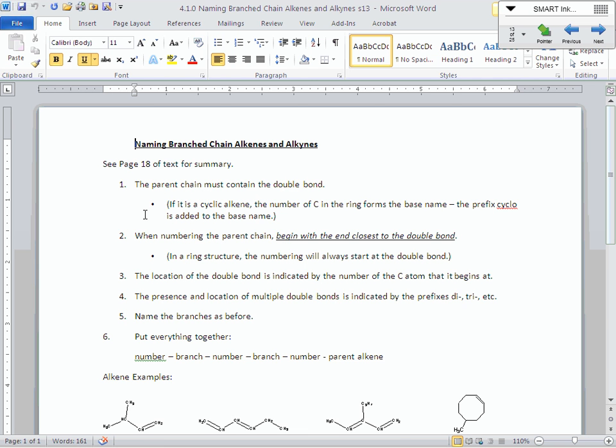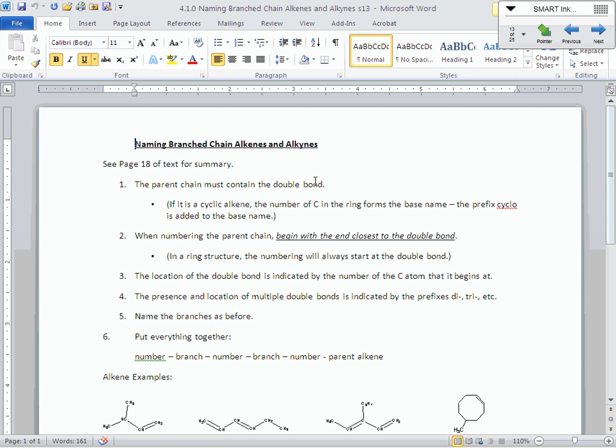It's actually easier to name alkenes and alkynes. The parent chain must contain the double or triple bond. So it's now not the longest chain necessarily, but it's the longest chain that contains the double bond or triple bond. Because remember, we called that special group of atoms the functional group, and the functional group must always be in the parent name.